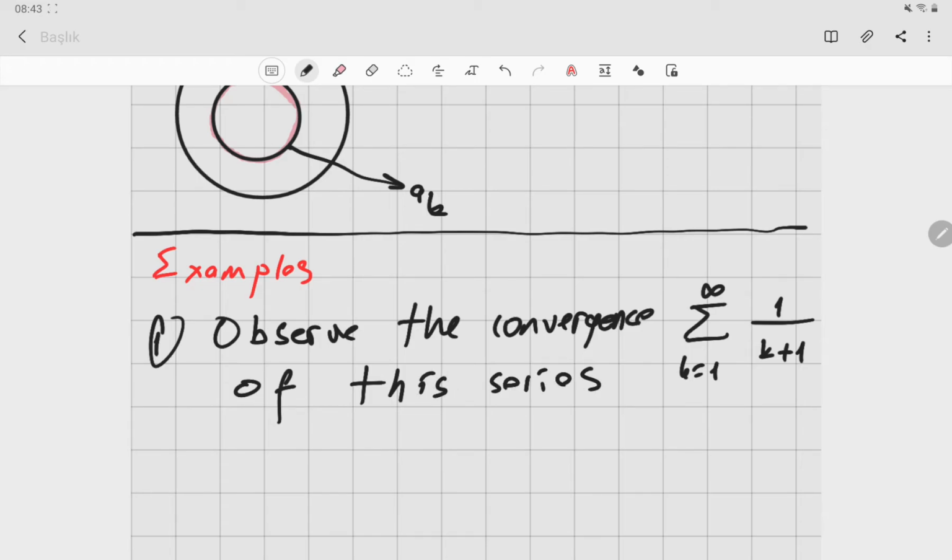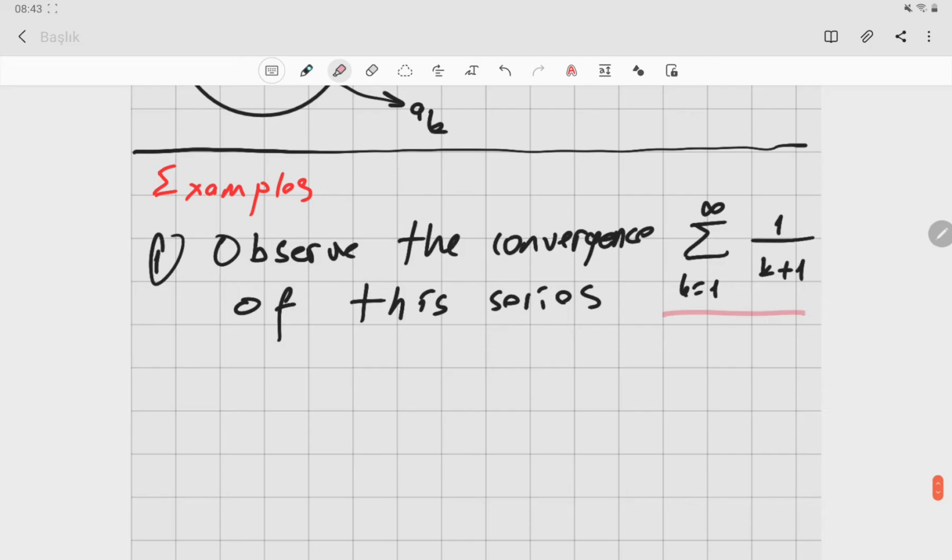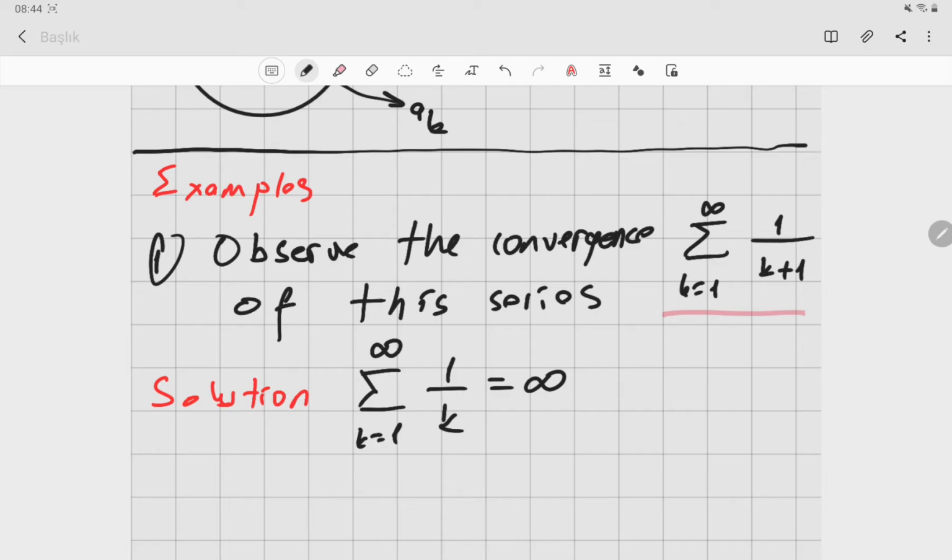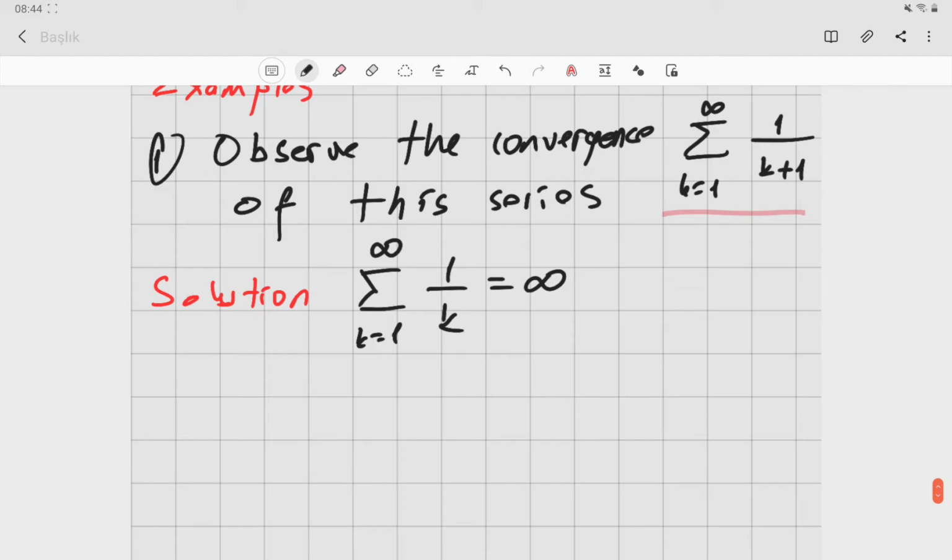For the solution, we know very well this series is divergent. And we know comparison tests. So by using this known series and comparison test, we are going to solve the example.